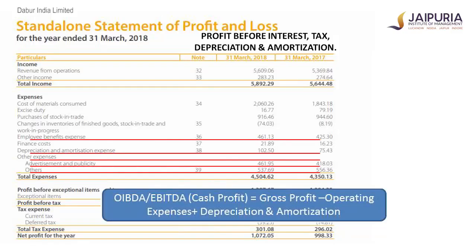Now let's move on to the next profit, that is profit before interest, tax, depreciation and amortization, easily known as EBITDA or operating income before depreciation and amortization. It is also called as cash operating profit.